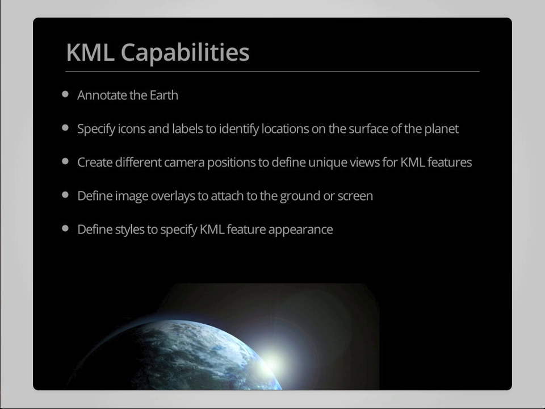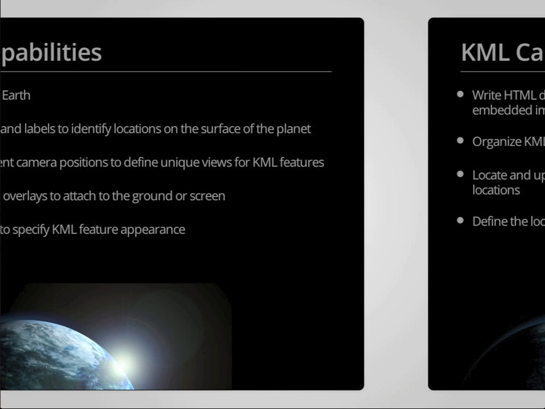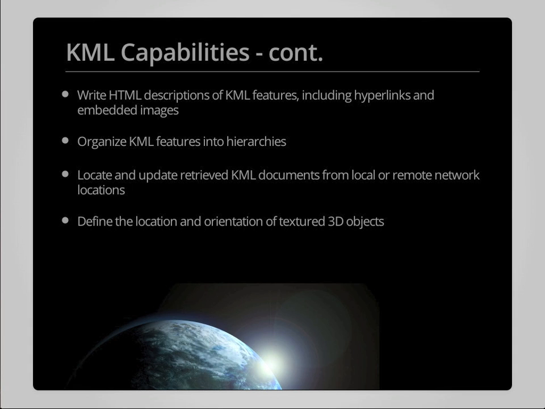You can also define styles that modify the display characteristics of particular features that you've defined in KML. For annotation of objects, and providing capabilities analogous to the info windows that you've been working with in Google Maps, you can write HTML descriptions associated with KML features that may include hyperlinks and other embedded images.